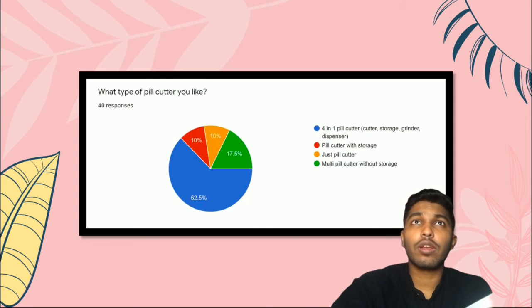So by this we get to know that the 4-in-1 pill cutter was the potential users' favorite.